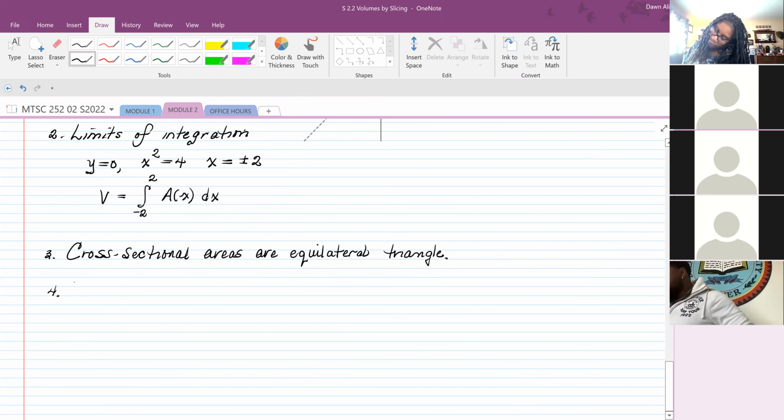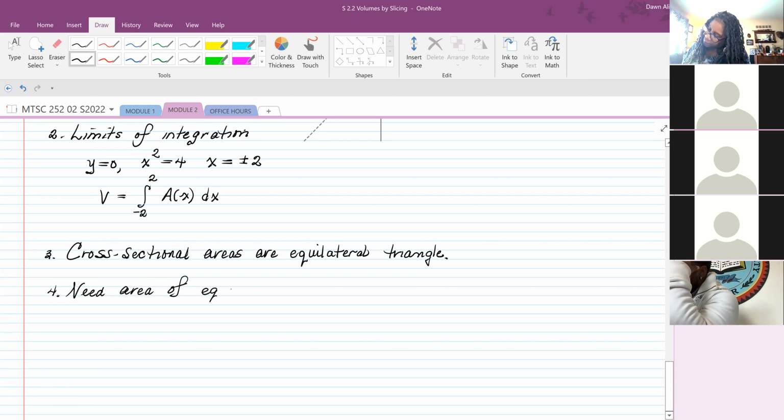So I need the area of an equilateral triangle.